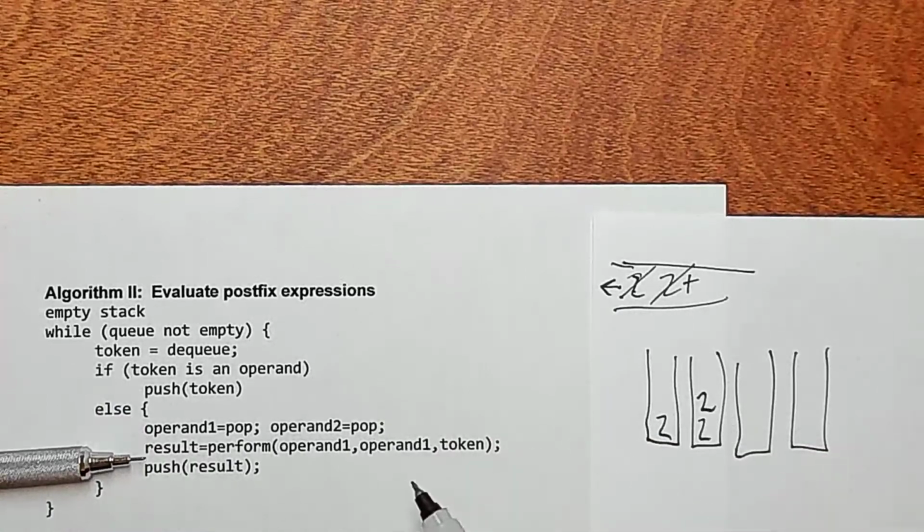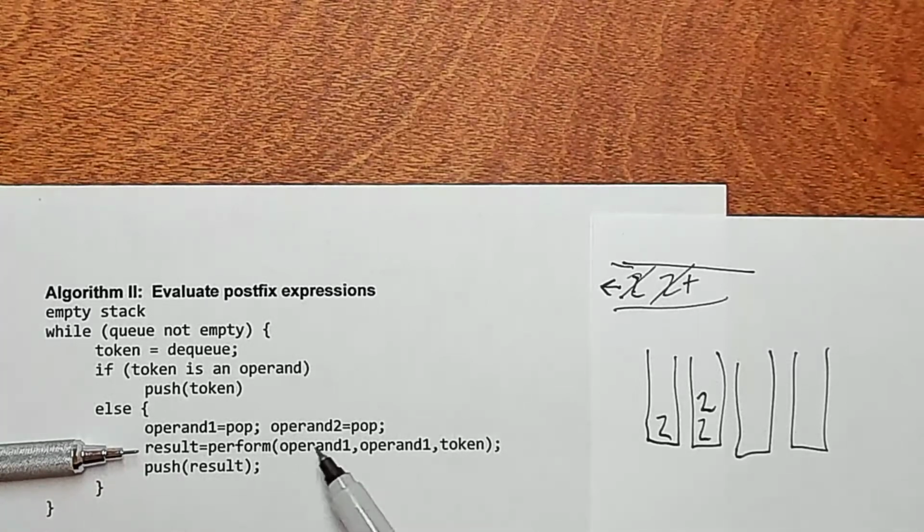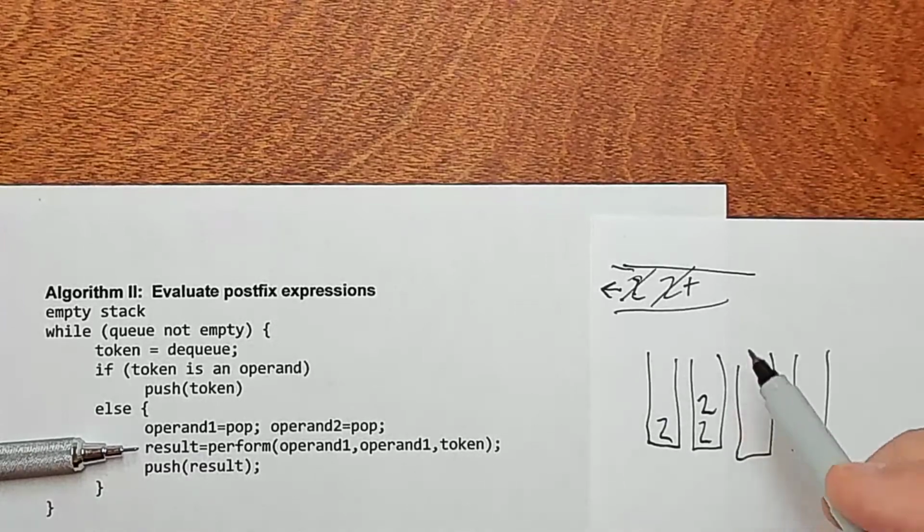That is, we take these 2 operands and apply the operator. So we just do 2, and then plus. This is a function called perform that takes 2 operands and an operator and just does that operation. It returns the result. So the result will be 4.